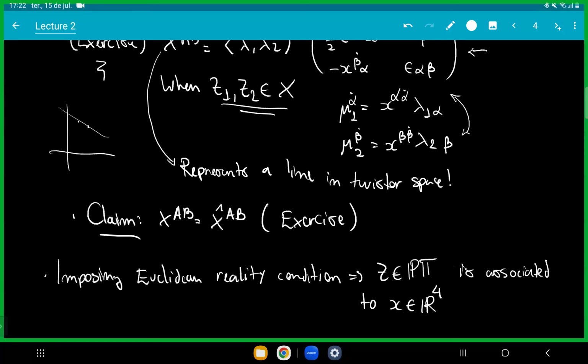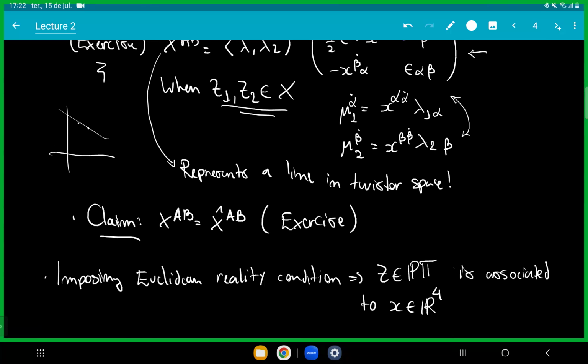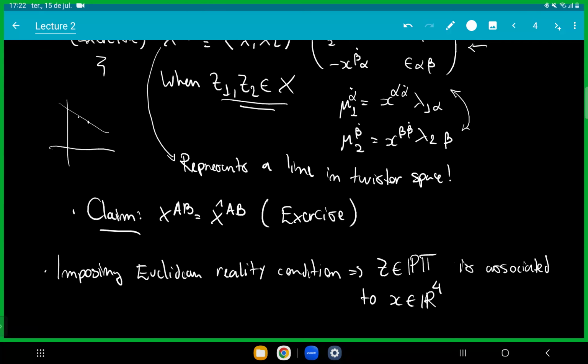So I guess this kind of answers the question that was asked about what these lines correspond to in Euclidean space.